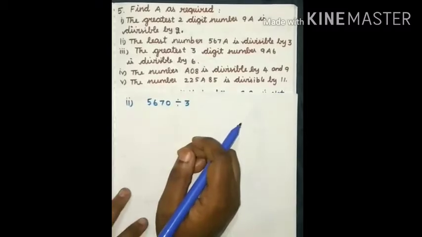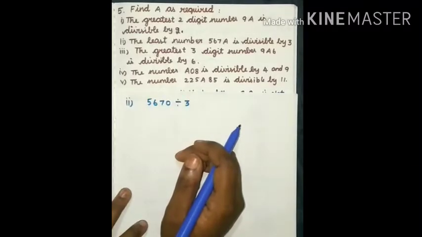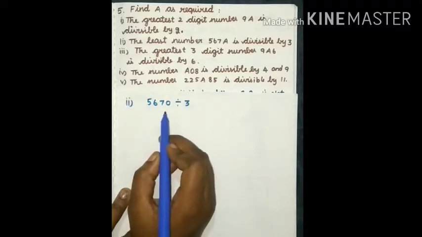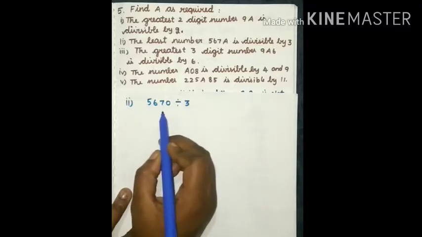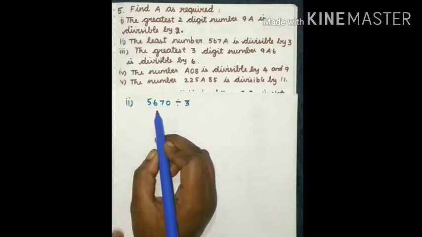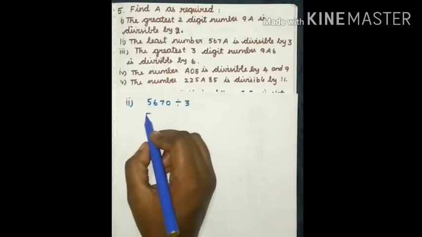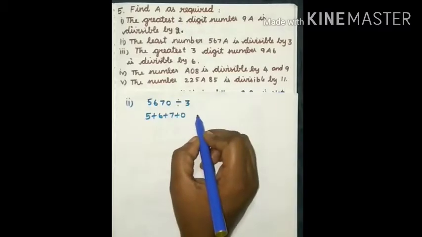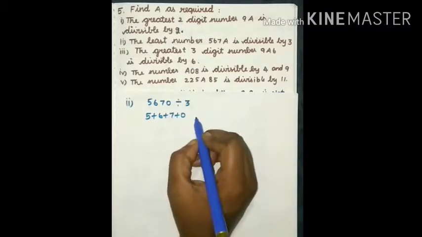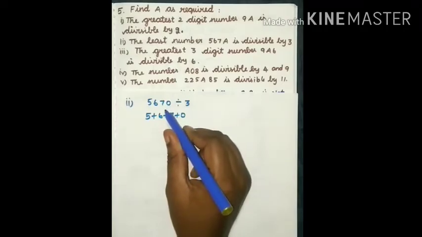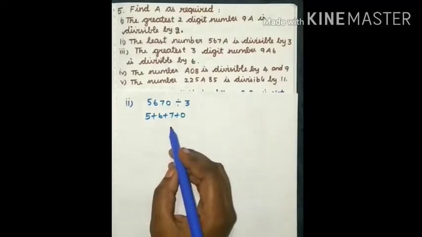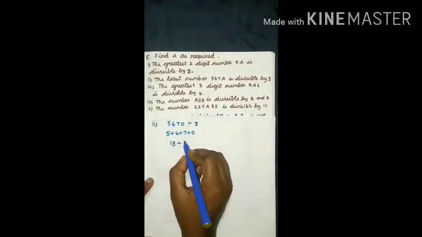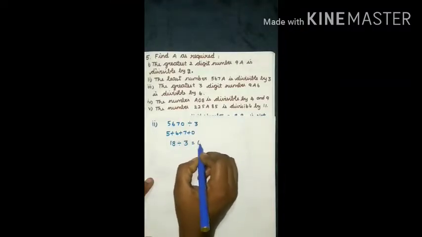The rule for the test of divisibility by 3: a number is divisible by 3 if the sum of its digits is divisible by 3. Sum of its digits means what? 5 plus 6 plus 7 plus 0 is 18. 18 is definitely divisible by 3, that is 6.